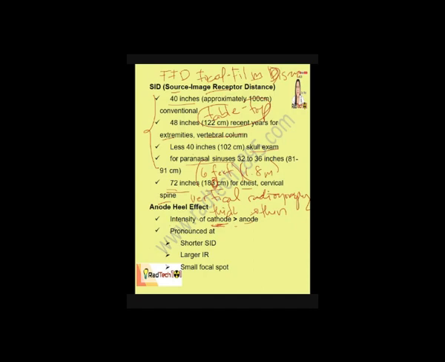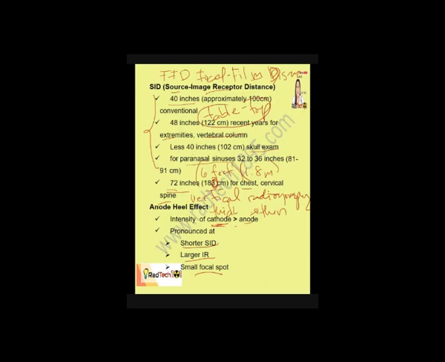So anode heel effect can be very visible or pronounced when using a shorter SID, larger image receptor, kapag malaki yung ating cassette na ginagamit, and if we are using small focal spot size.